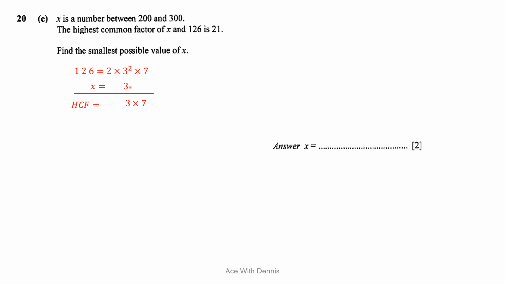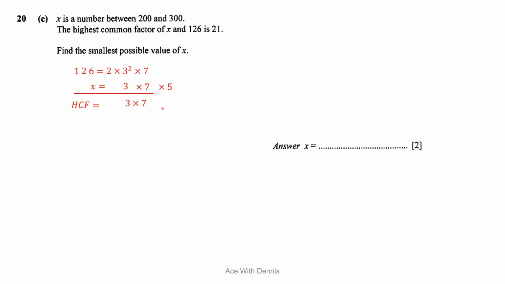We'll pick the lowest power. Same case for 7. So x must have a 7 so that both 126 and x have a 7. So we'll pick 7. Now 3 times 7, we wouldn't get a number between 200 and 300, which means that x must have more prime factors.